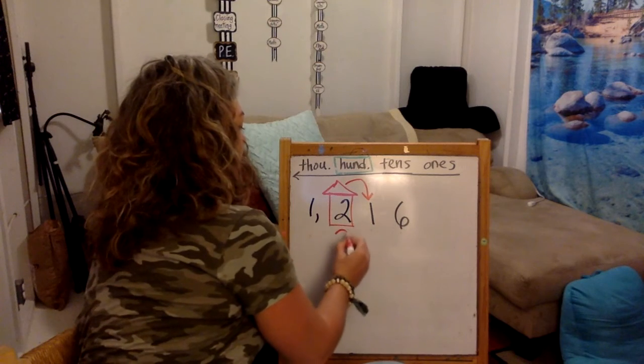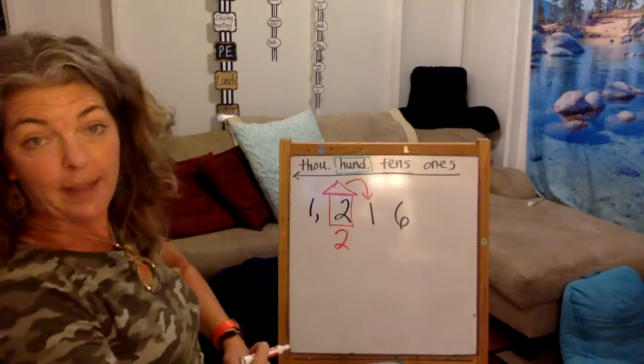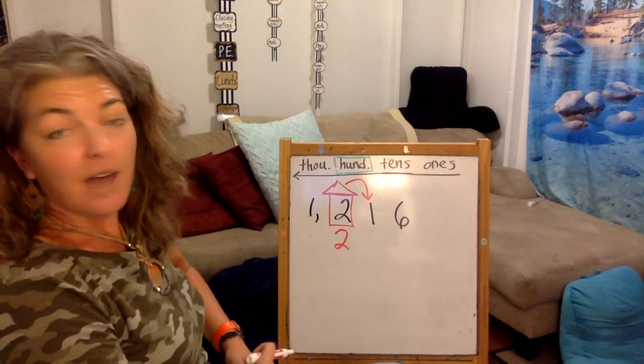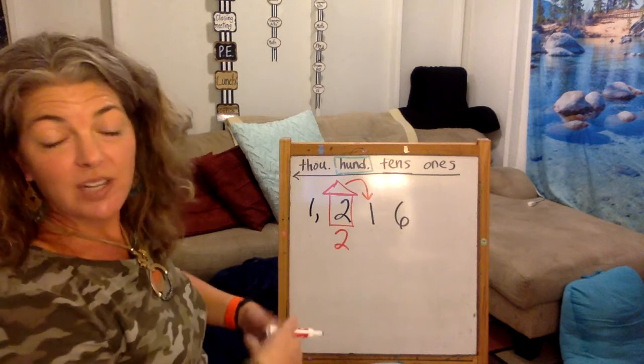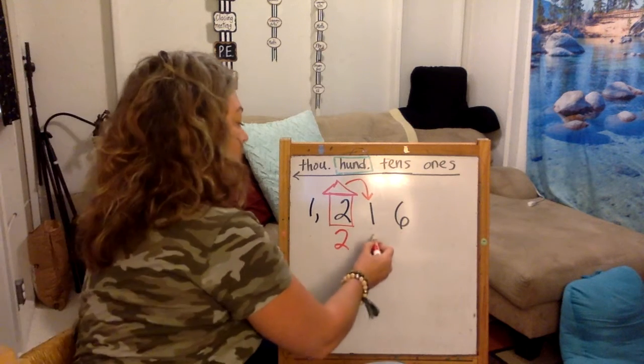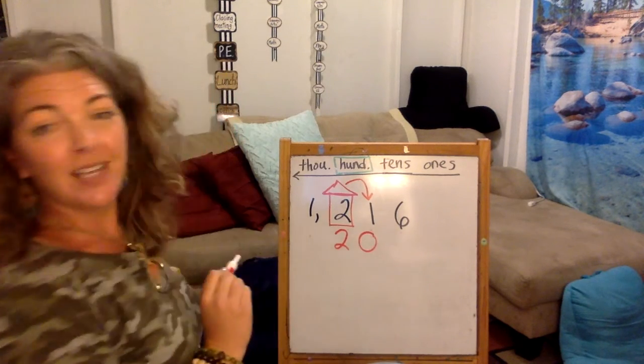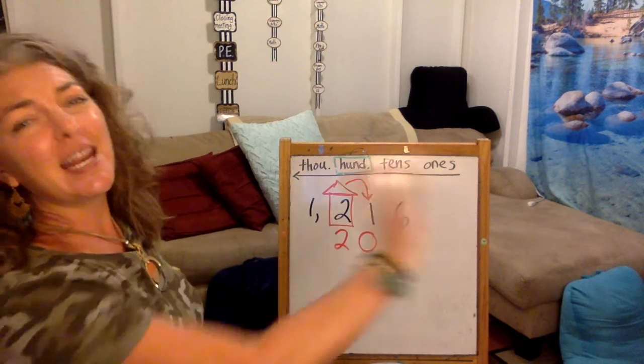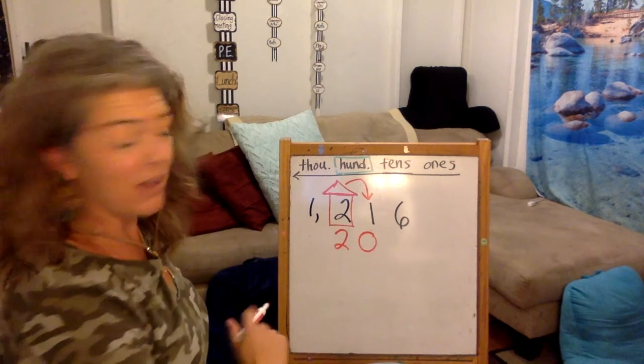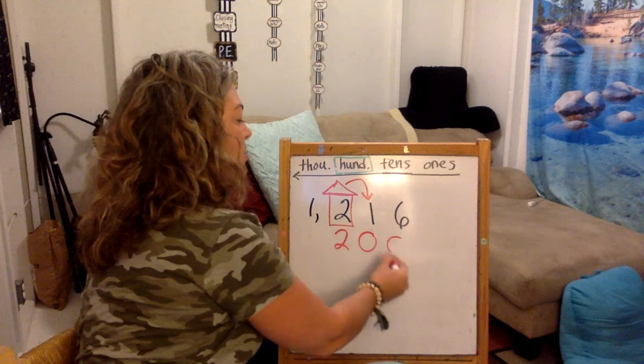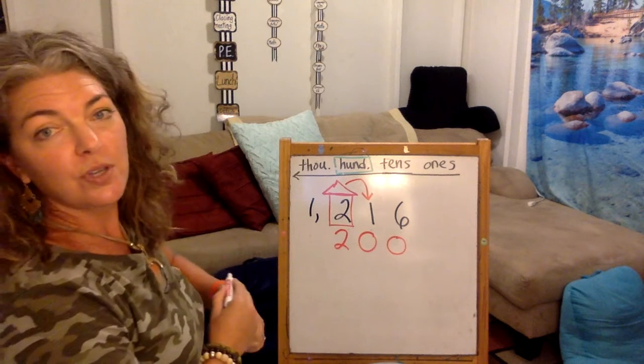Keep it the same. I've already talked to the neighbor. I don't need their help anymore. In fact, I don't need anybody's help anymore on that side. They all change to zeros.